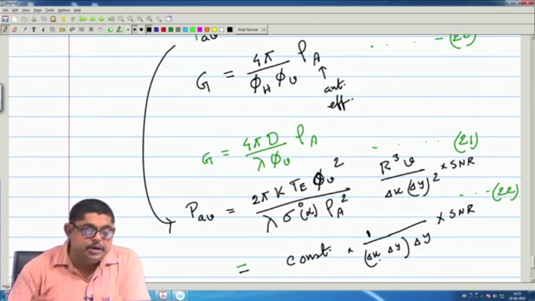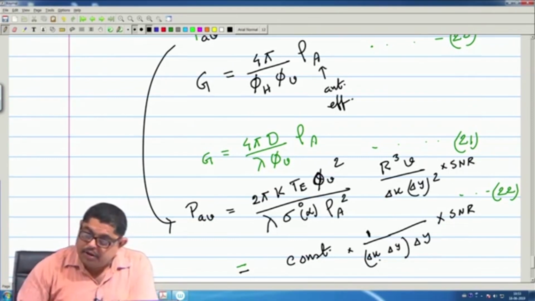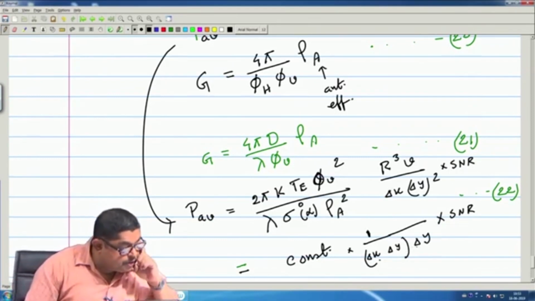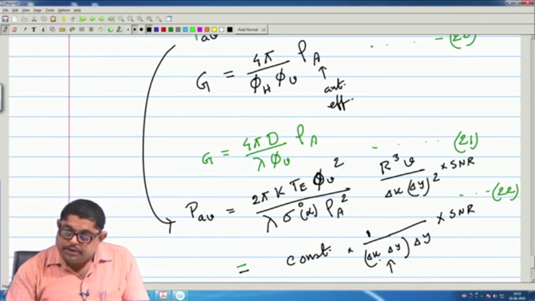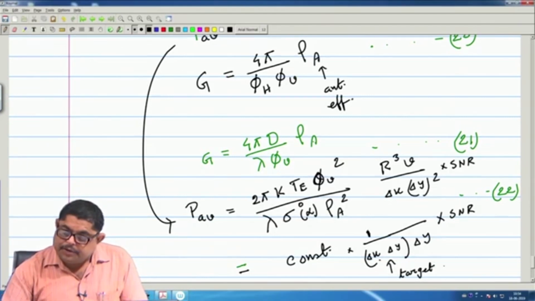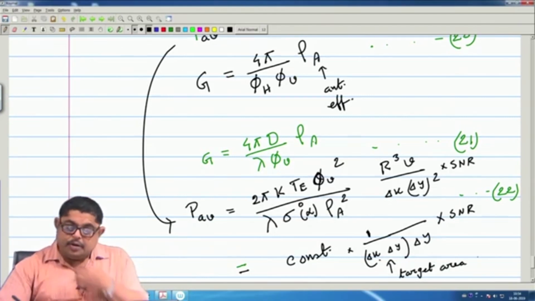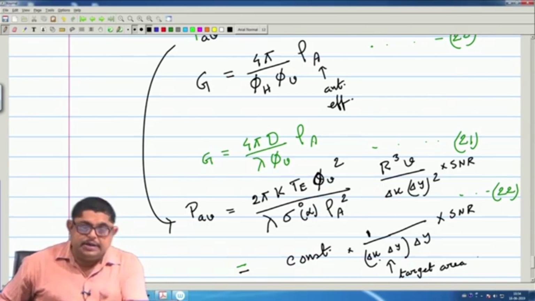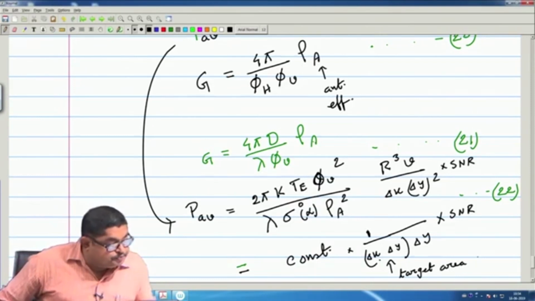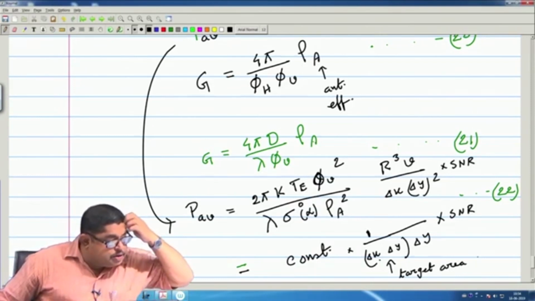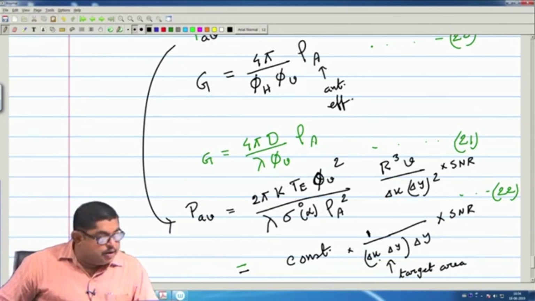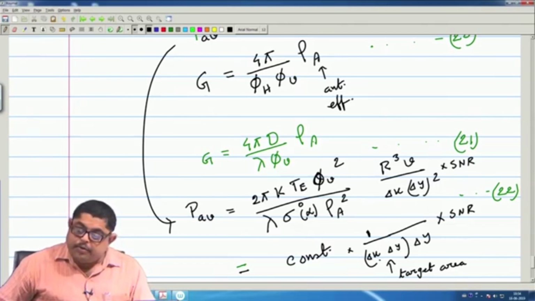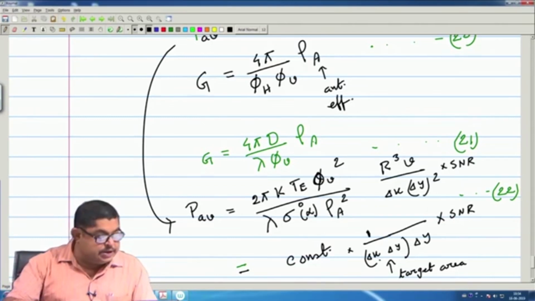Now, delta x delta y I can call the target area. So, what we are seeing is the power: the smaller the target, the more transmitted power required to obtain the necessary SNR.